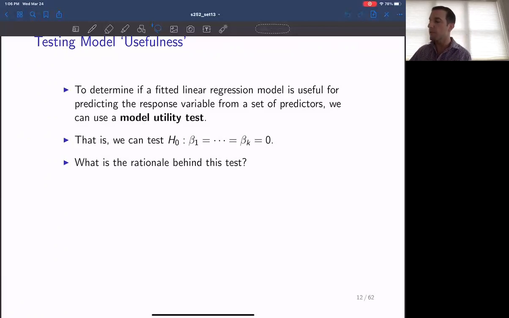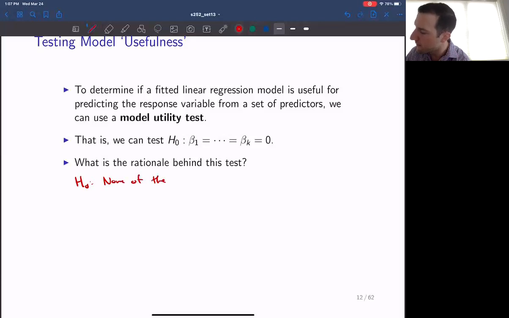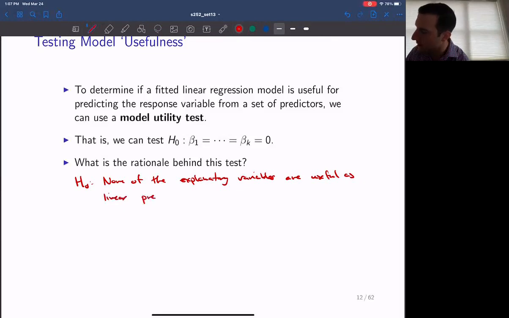So the null hypothesis for the model utility test is that beta 1 equals beta 2 equals beta 3 equals beta k equals 0, which would effectively be the general conclusion that none of the explanatory variables are useful as linear predictors, right?